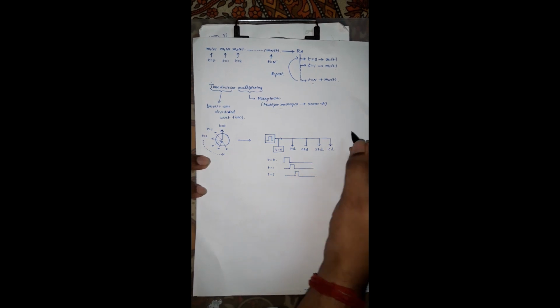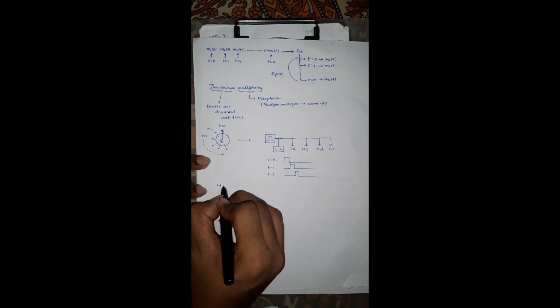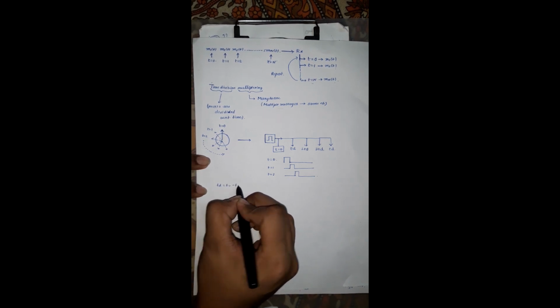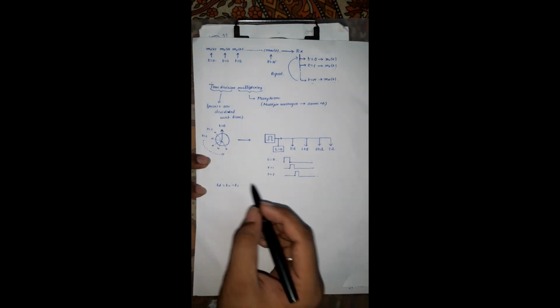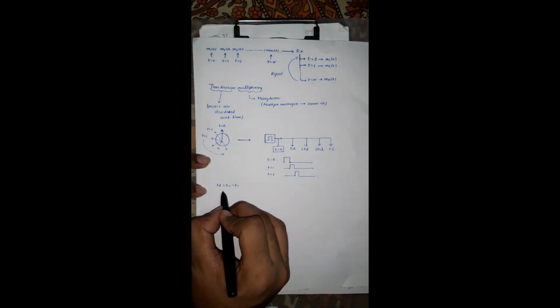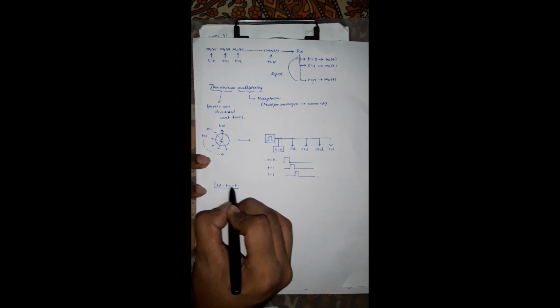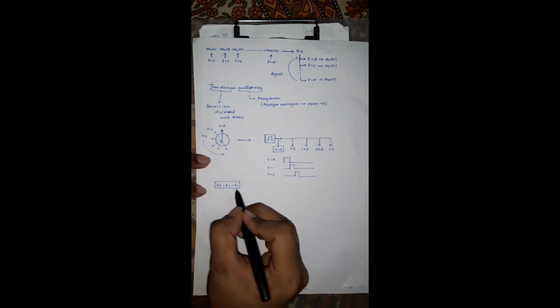This time delay is t0 minus t1, the delay in between the sample times. This must be equal to t0 minus t1, as well as t1 minus t2, as well as t2 minus t3, etc. So the sampling time interval is the delay, and we are just delaying the pulse.